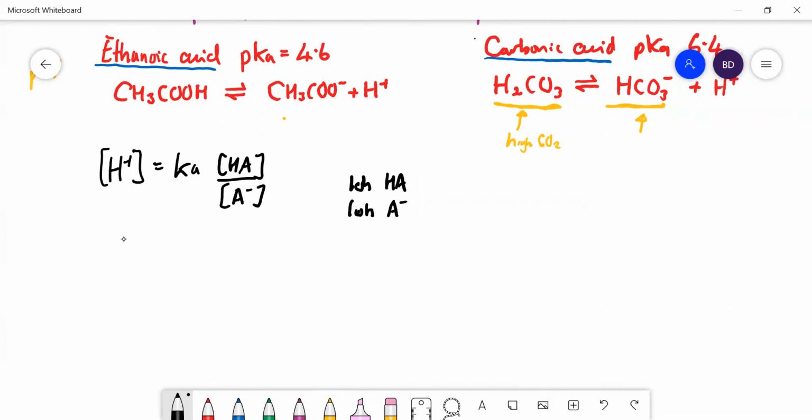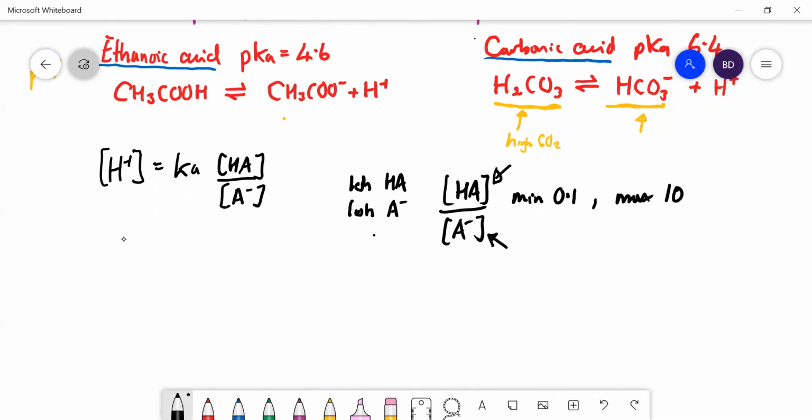So that means the value of this fraction, HA over A minus, and I've said this before in previous videos, can be a minimum of 0.1 and a maximum of 10. In other words, you can never have more than 10 times more of the HA than the A minus, and vice versa, because you need to have lots of both of them. So for an effective buffer, the fraction's got to be in that range.